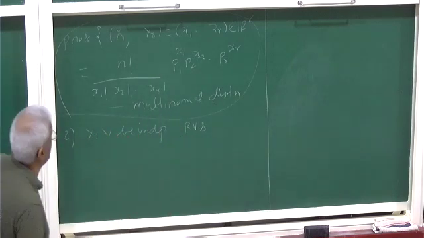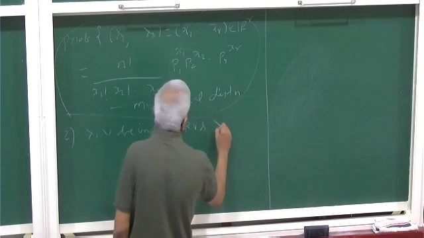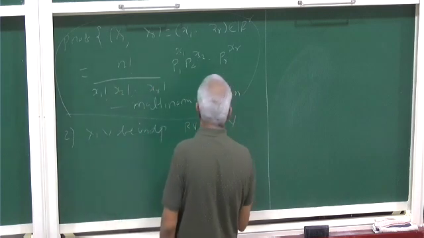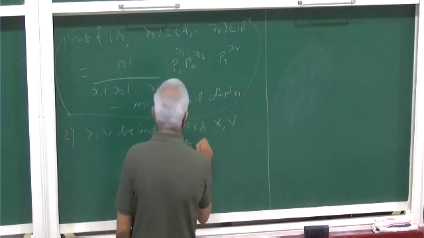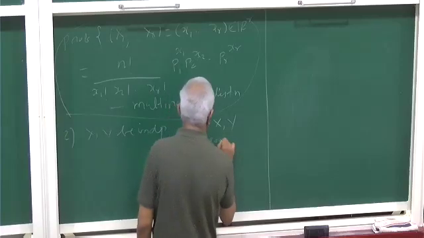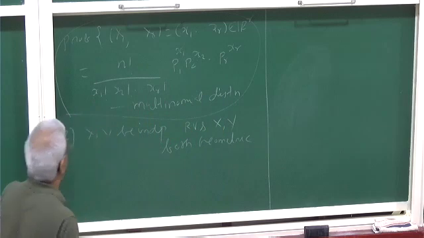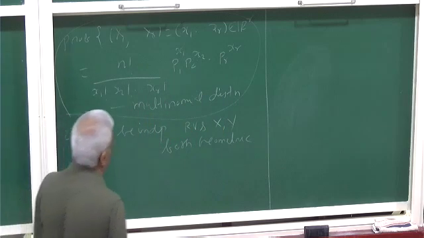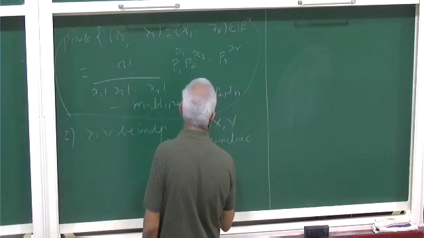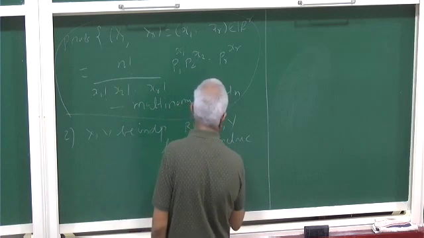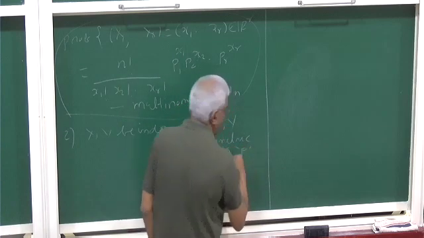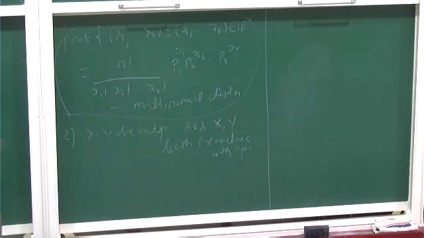Suppose we have two independent random variables X, Y, both geometric with parameter p. I mean the probability of head or tail, repeating until you get a head.